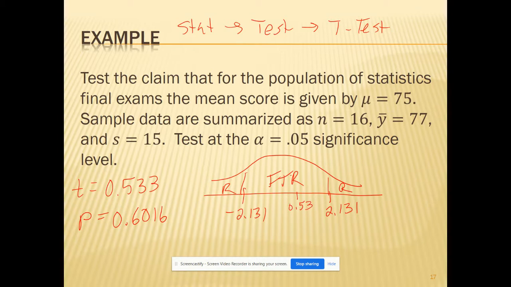So I'm in the fail to reject region. Or I'm comparing the P to the alpha. The P is bigger than the alpha, so I fail to reject. Either way, we fail to reject the null hypothesis. So what does that mean here?